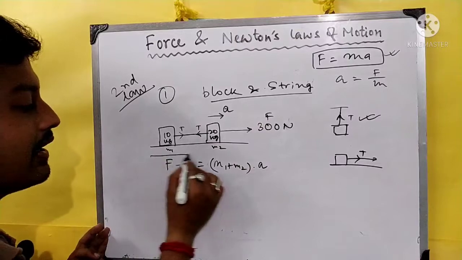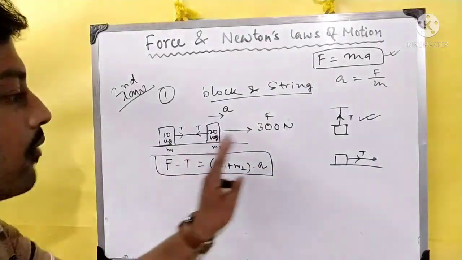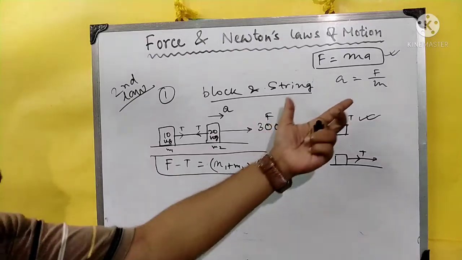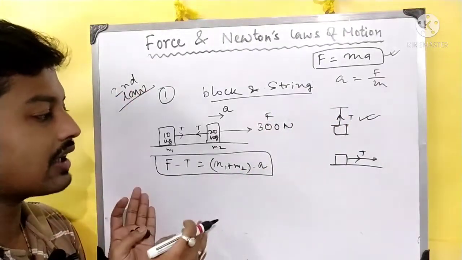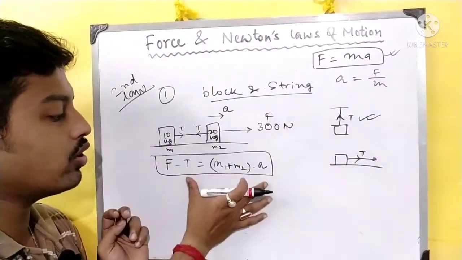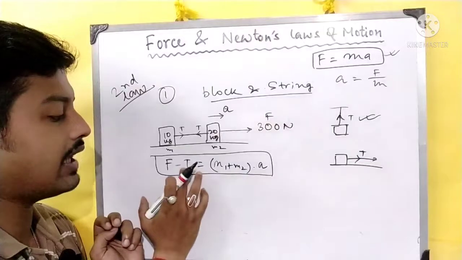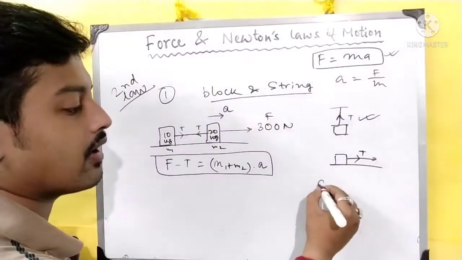This is the general expression formed from this system by applying the second law of Newton. Now what quantities do we know? F we know, m we know; we don't know two variables over here, tension and acceleration. So how can that be found?